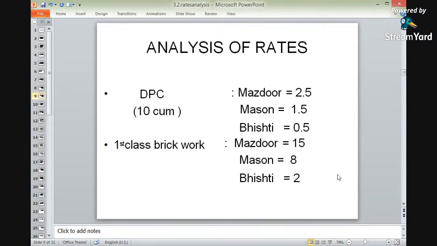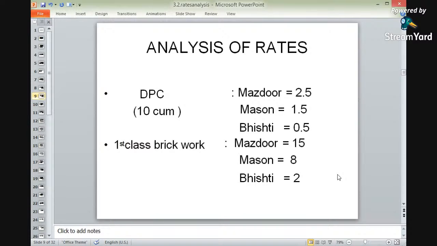It is laid below the plinth, that is, after laying the plinth beams, DPC is laid. It is laid in order to avoid water dampness, to prevent the unwanted entry of dampness or water. To avoid this we use the DPC, that is the damp proof course.